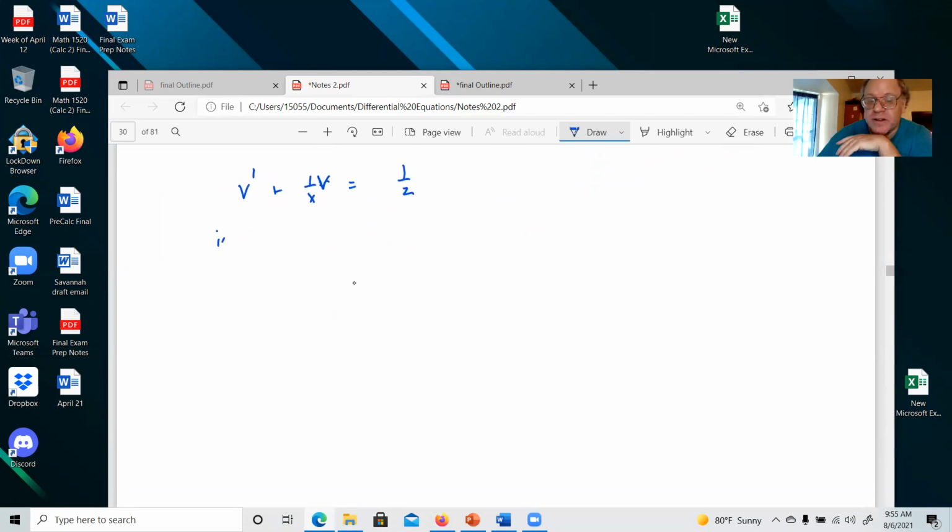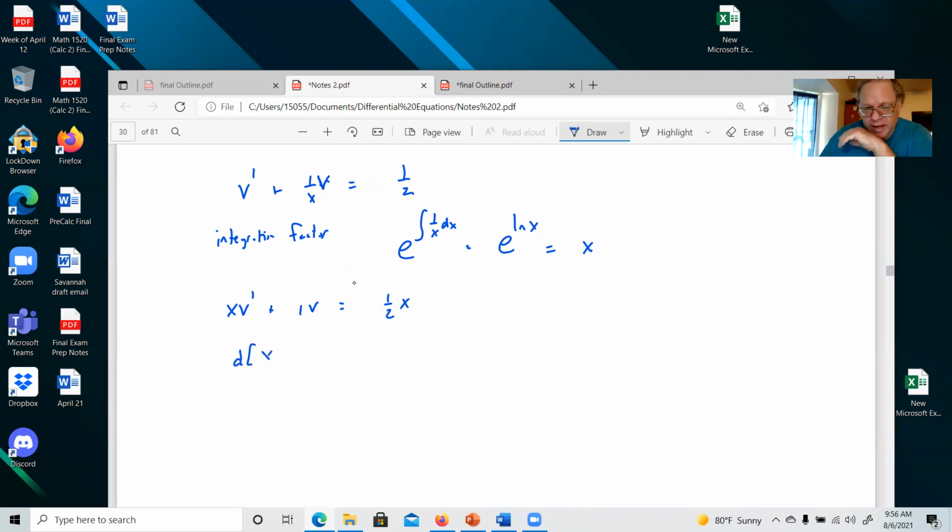Let's get our integrating factor. That's going to be e to the integral of 1 over x dx, which is e to the natural log x, which is just x. So we're going to multiply through by x. So we have x v tick plus 1v equals 1/2 x. Double check, make sure that the derivative of xv really is what this is.